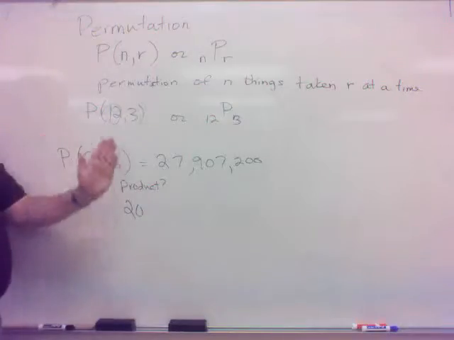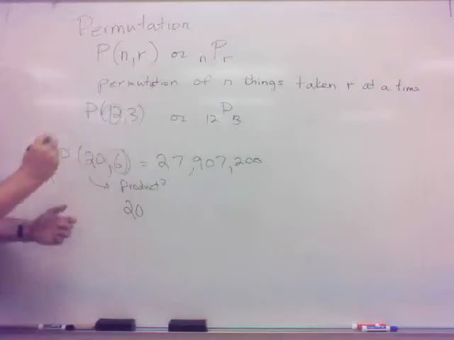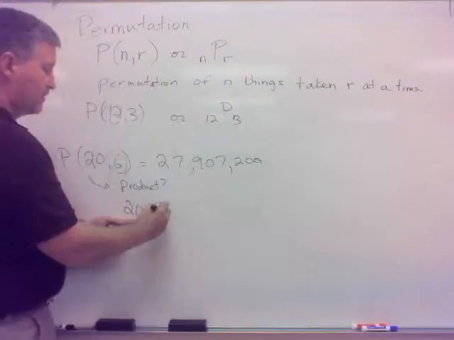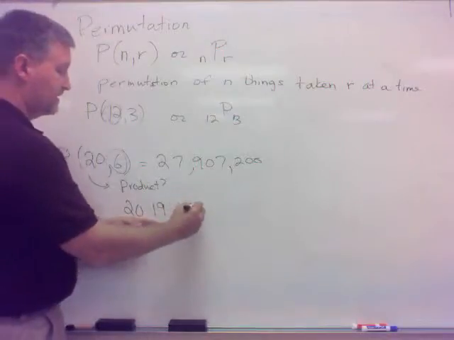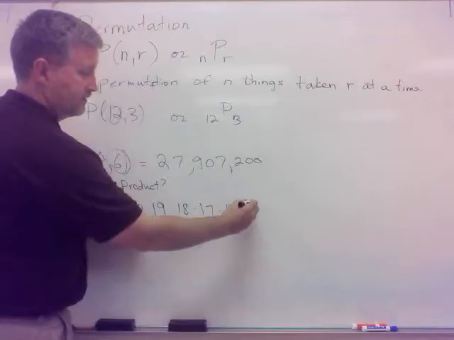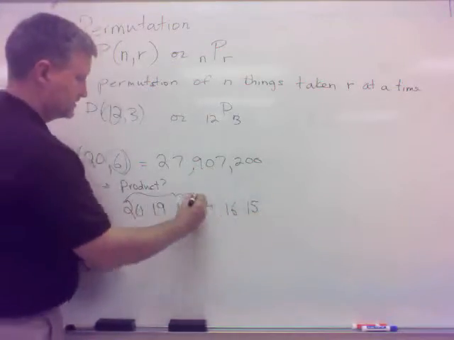Now, do I count down to 6? No, 6 is the number of things at a time, so I don't count down to 6. 20, 19, 18, 17, 16, 15, stop. Why? There are 6 of them there.